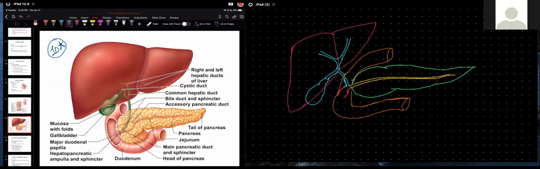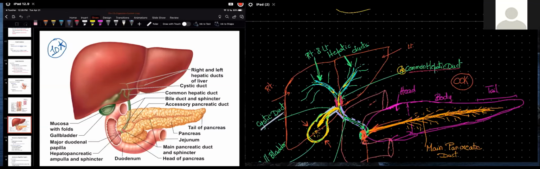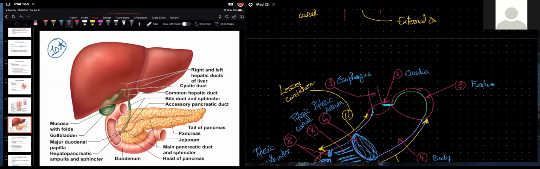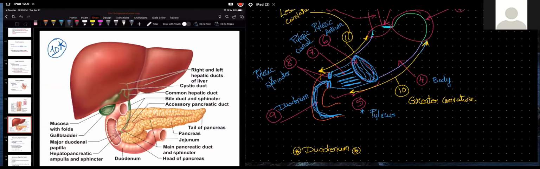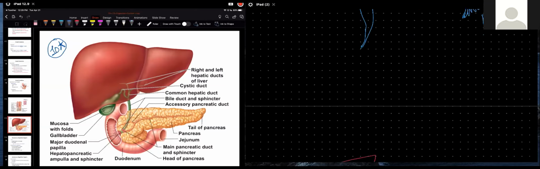Right, so please name the different structures of this diagram. So let me double check here at what number did we stop last time. So we stopped at 11.